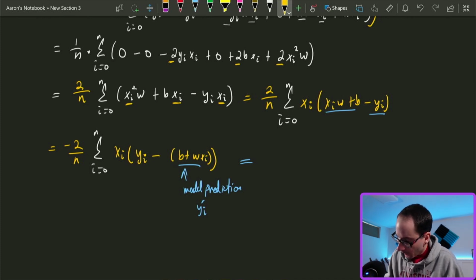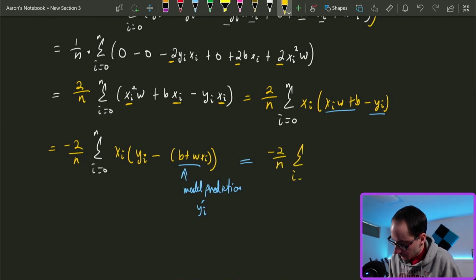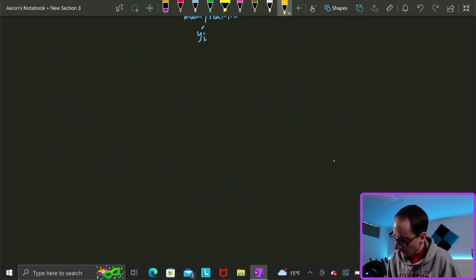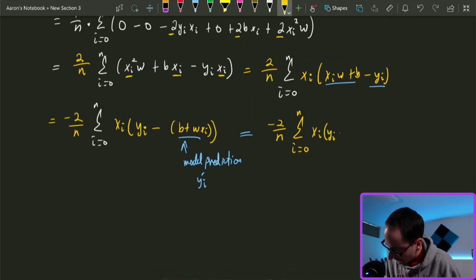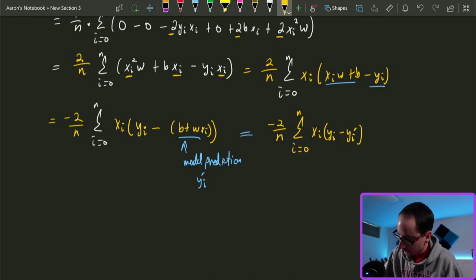It is as follows: negative 2 over n times the sum as i goes from 0 to n, and then we have xi times yi minus the predicted value, the difference between the observed value and the predicted value.